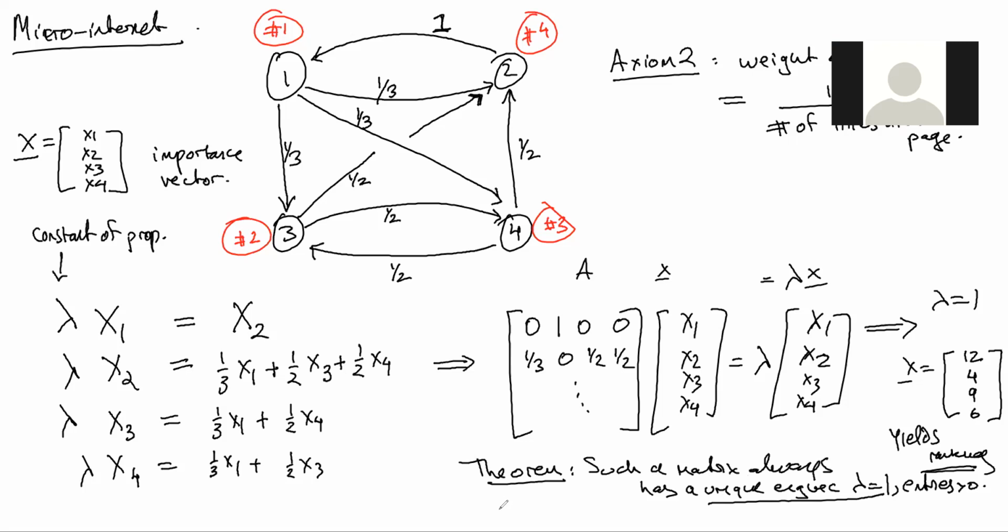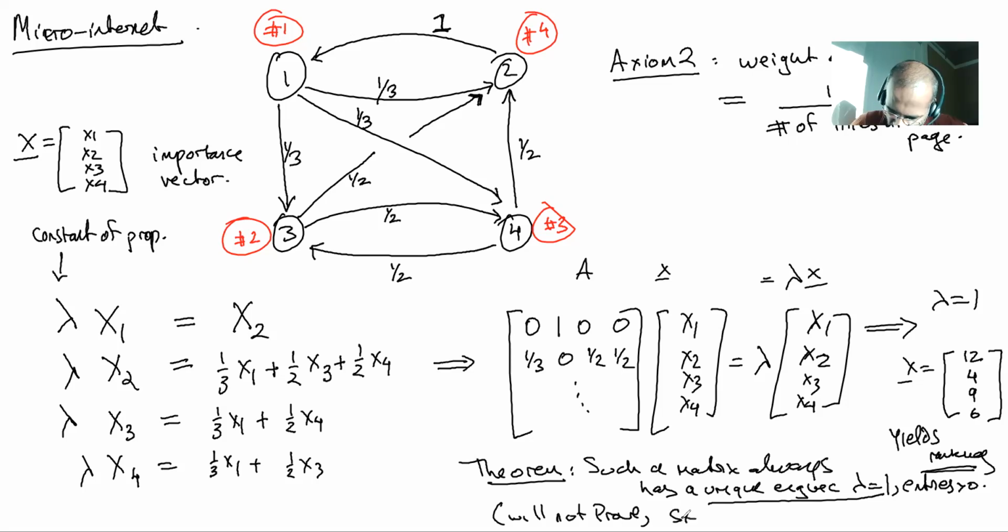We will not prove this. If you take Stat 134A, they may prove this theorem there, or if you take CS 70 or maybe 170, they'll prove theorems like this.